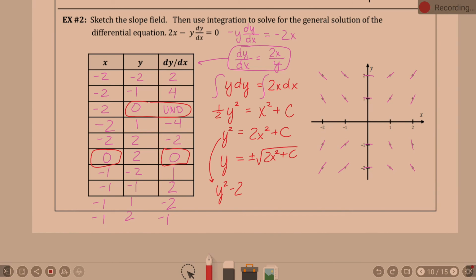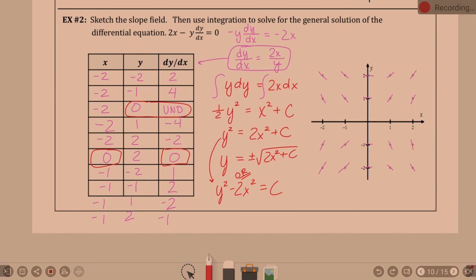Y squared minus 2x squared equals c. These are all options. The directions were vague. It just said solve. It didn't give us a certain form to leave it in. It's one of those things you should be familiar with all of them. With slope fields, there are always patterns to look for. Everyone's a little bit different, but you've got to look for patterns and kind of generalize. Or you can do every single ordered pair, right?